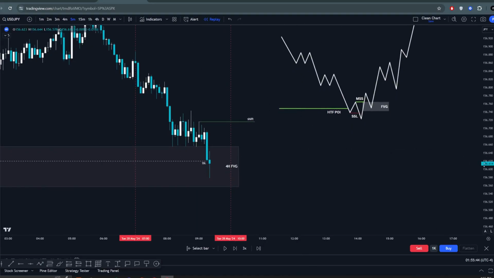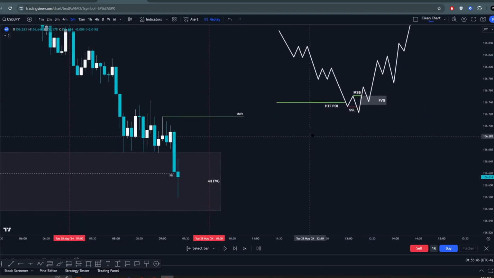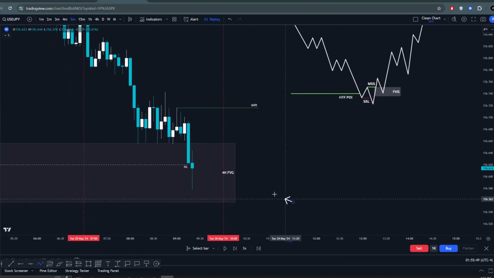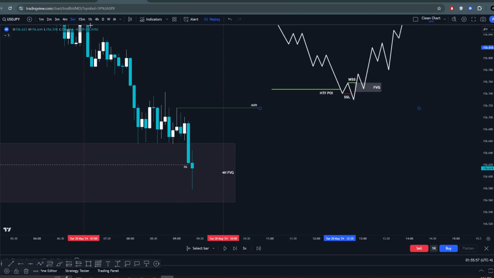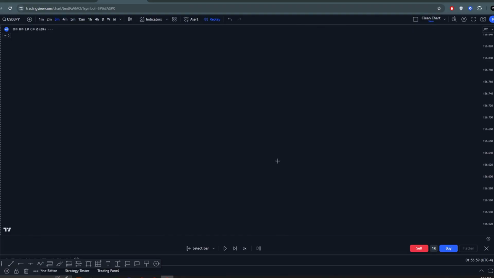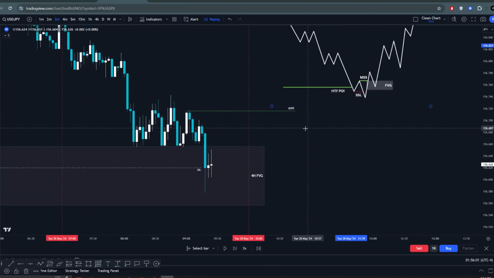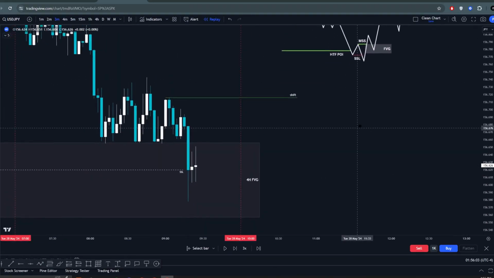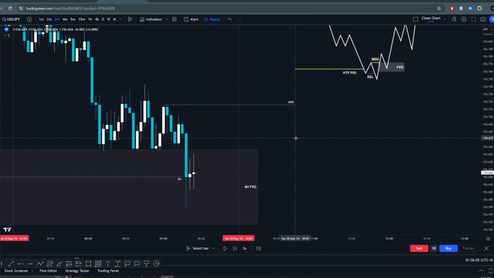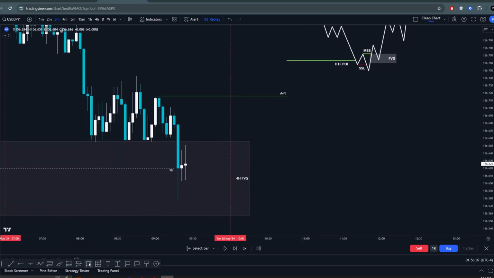This is our market structure shift, but if you look closely, this is kind of far from this swing low right here. And we also have here a 5-minute fair value gap. Let's try to look into the lower time frame to see if we can have any setup in the lower time frame. Right, so right here we have a fair value gap.